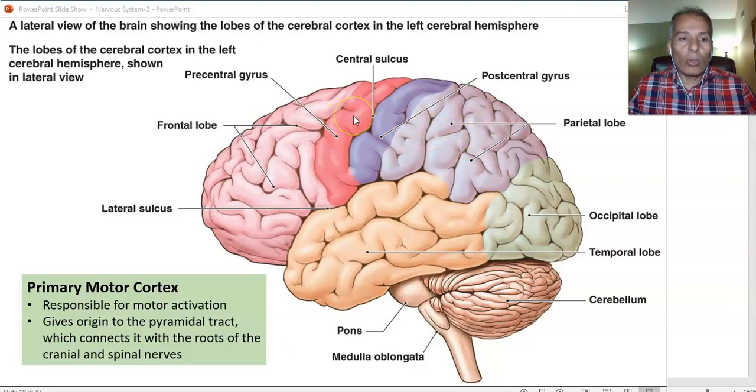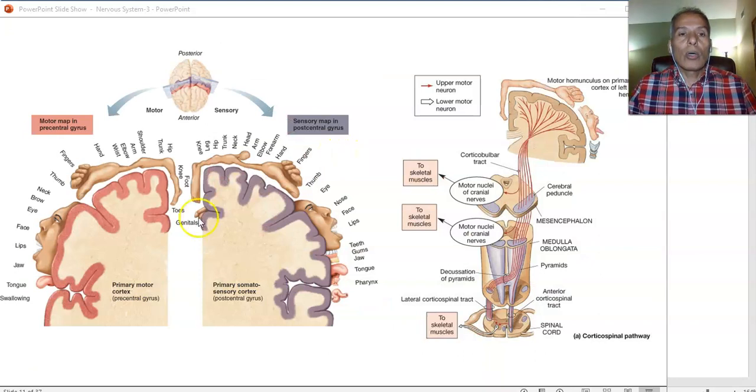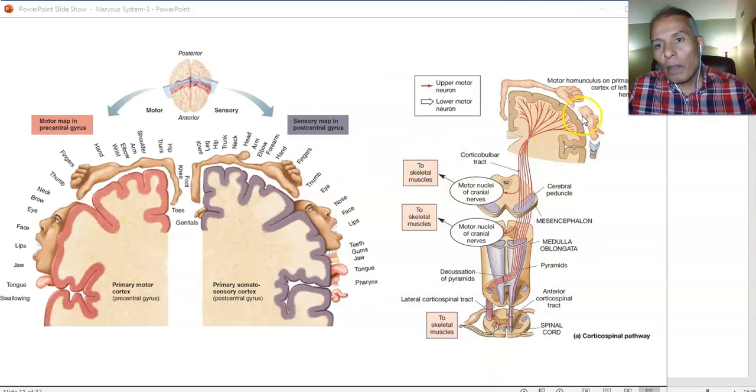The primary motor cortex is the ultimate structure responsible for movement. So if you look here, for example, at the structures of your face, every part, your tongue, for example, there are neurons here, cell bodies, that make plans and movements, and they send axons down. These axons are bundled together.